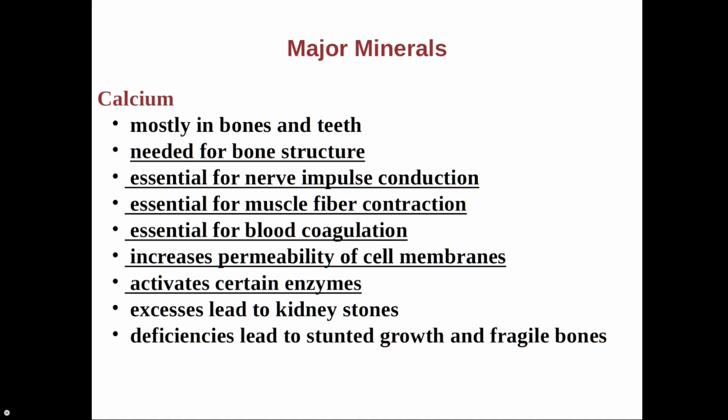Major minerals like calcium, sodium, potassium are used for regulation of activity of cells. Calcium is needed for bone and teeth growing, but additionally you should know about the role of calcium in muscle contraction and in conduction of electrical impulses.